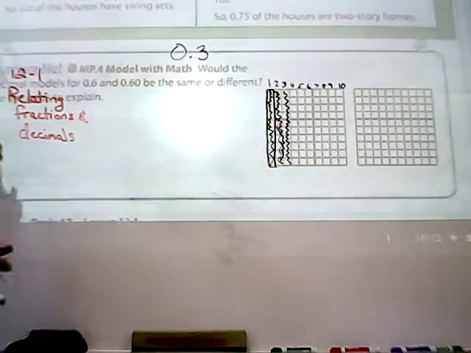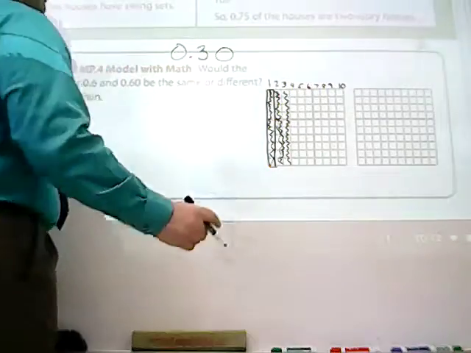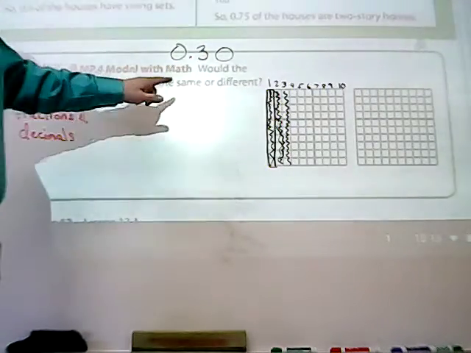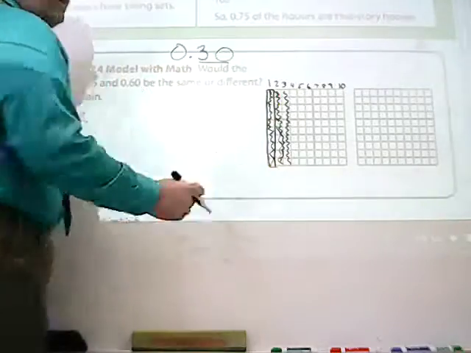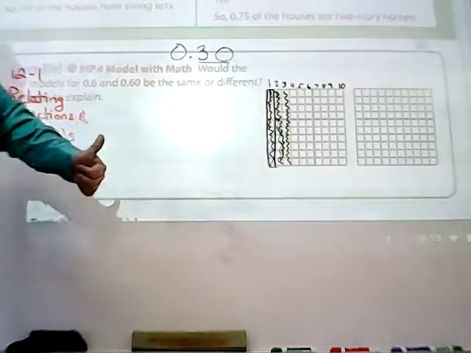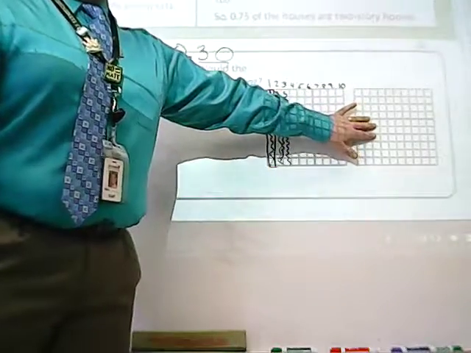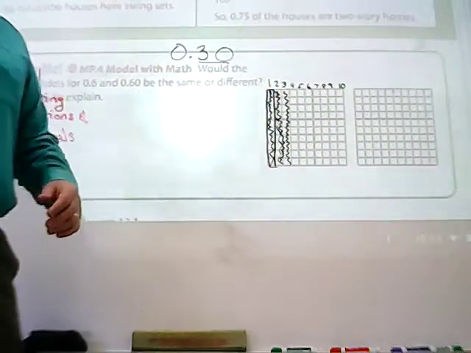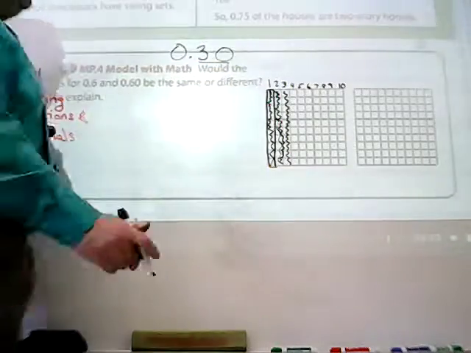Now, what if I took the same number and I added a 0 to the end of it? I no longer have just 3/10. What I have is 30 hundredths. So, I'm going to use all 100 squares on this grid, and I'm going to color in 30 of them.